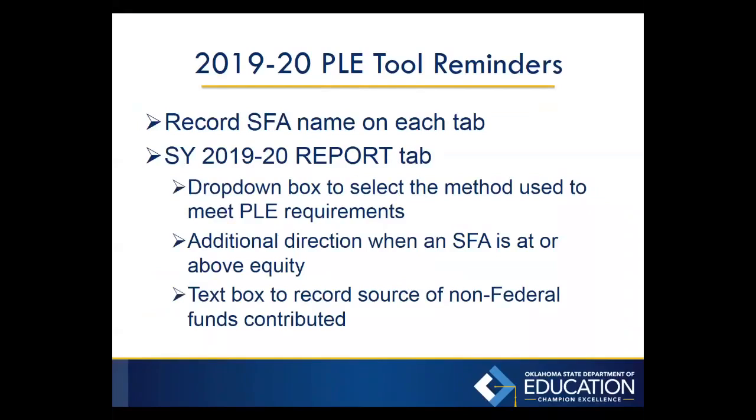Those can't be the same non-federal funds that are covering these full paid lunch prices. Those have to be separate, and you have to be able to show us where those are and what ones you used.